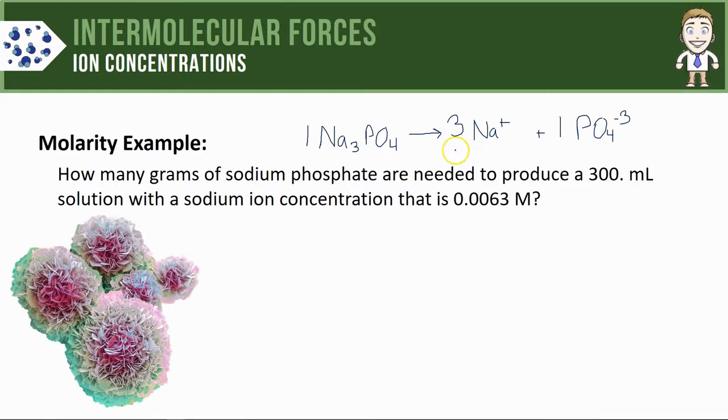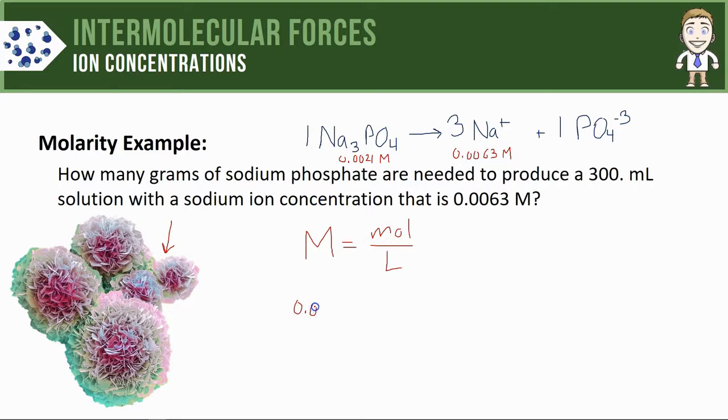This is important because if I want the sodium ion concentration in the final solution to be 0.0063 M, that means the sodium phosphate concentration is only going to be 1/3 that amount. That concentration is 0.0021 M. That's the concentration I'm interested in, since sodium phosphate is the chemical I'm adding to the water to produce the solution.